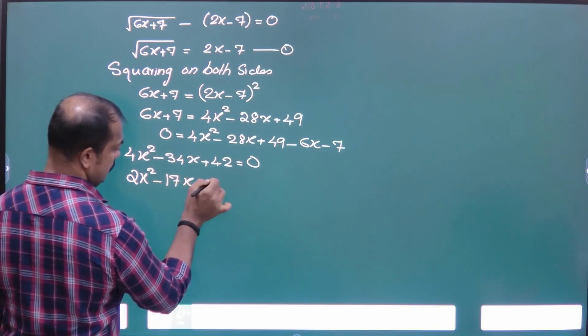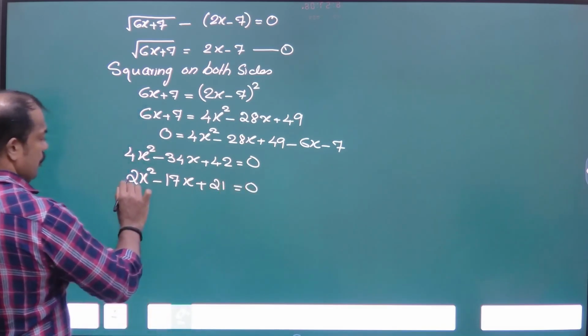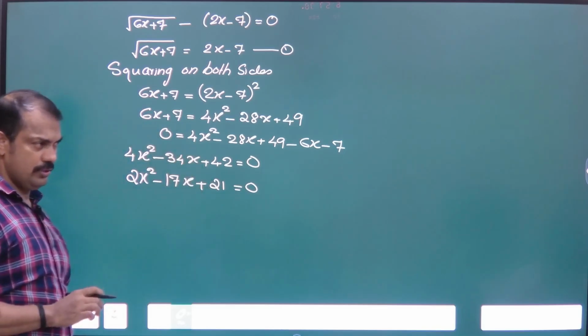2x square minus 17x plus 21 is equal to 0. 2 into 21, 42.